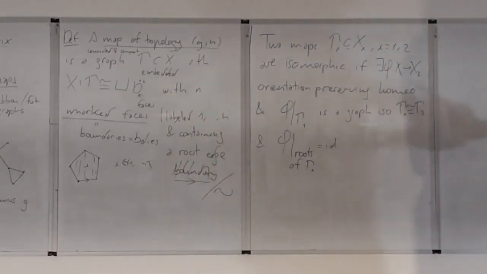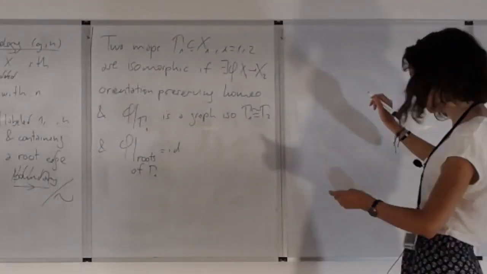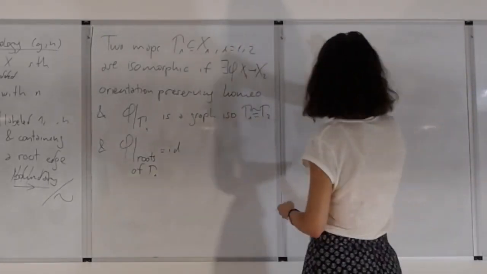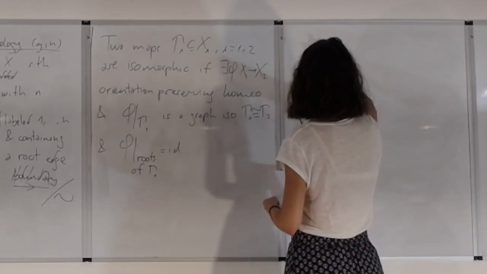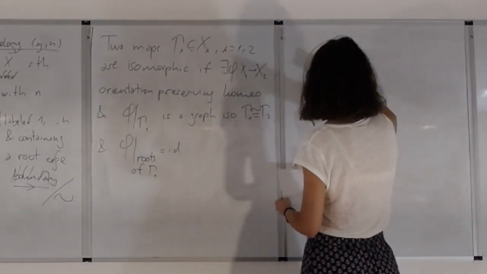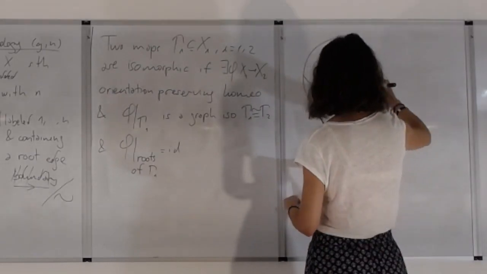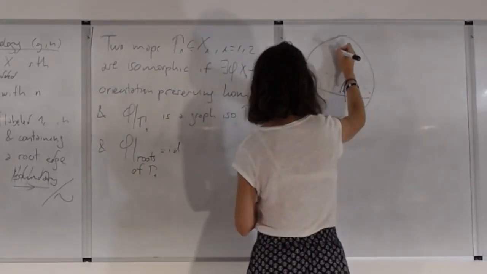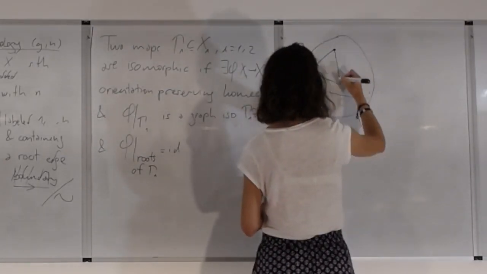Let me draw the drawings and then we can do questions. Maybe I will just do it here. So this time I'm drawing the sphere. And here I have my graph embedded on it.